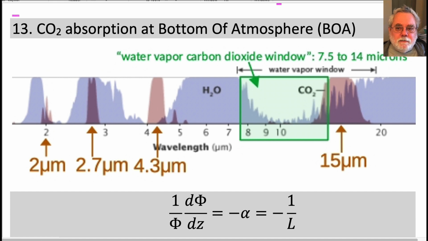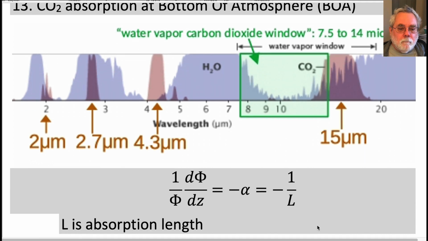In physics, attenuation or extinction is the gradual loss of flux intensity through a medium through absorption or scattering, and we have this differential equation. Where capital Phi is the flux intensity, in our case from thermal radiation outward from Earth's surface, neglecting emission by the atmosphere.